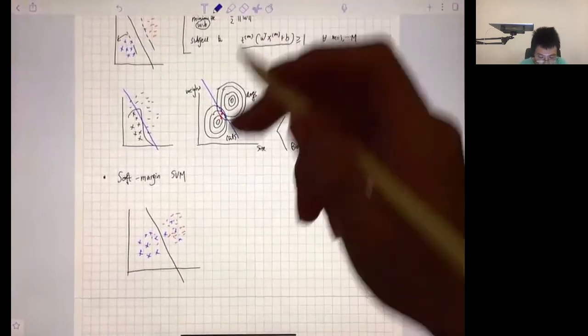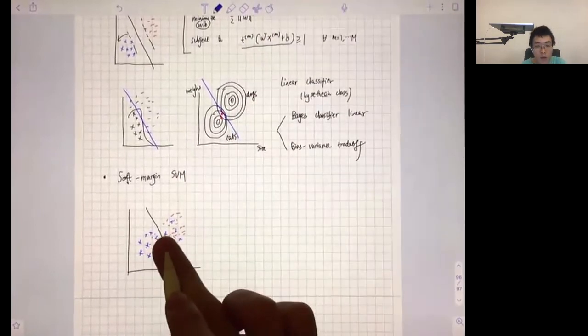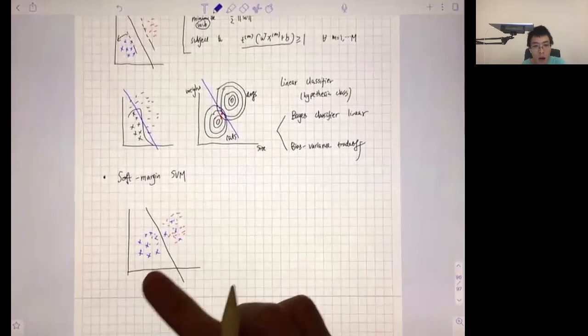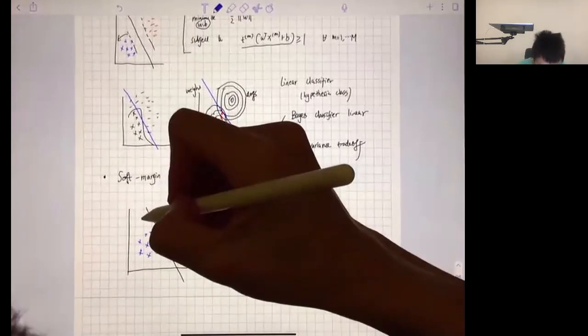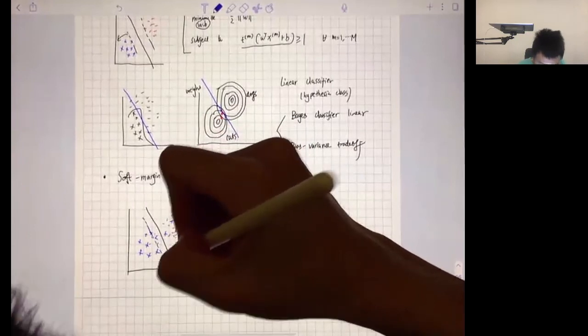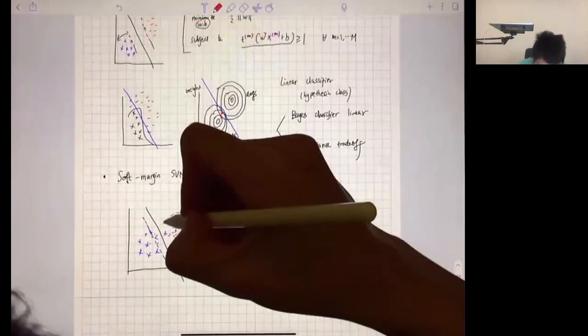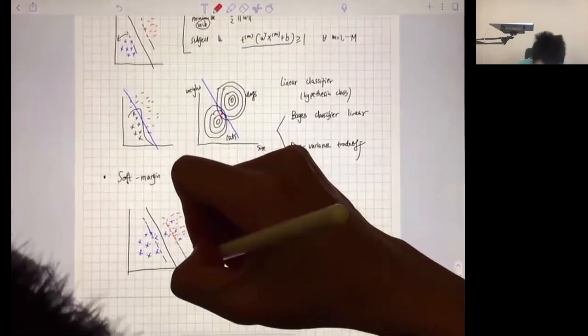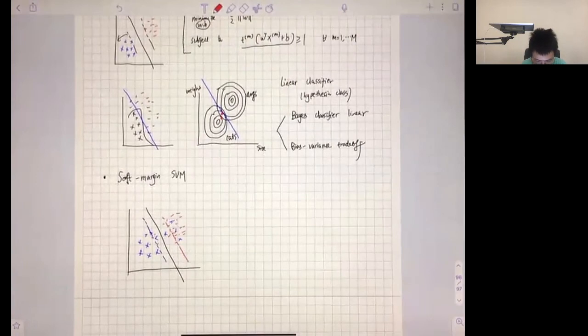This time, it's fine if you intrude the margin, but I have a penalty for you. The penalty is proportional to how much you intrude the margin. Suppose this is my margin for the blue samples, and this is the margin for the red samples.